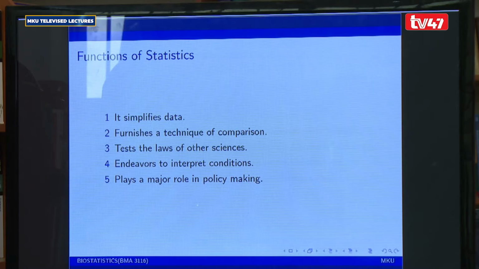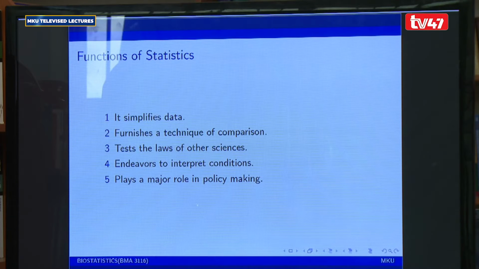And you can carry out statistical analysis by first collecting data based on whatever you are carrying out in the research to verify that specific law, that increasing food substance in a certain species of fish increases the production. Then it interprets conditions like, does increasing the food substance fed to the fish increase or decrease production?